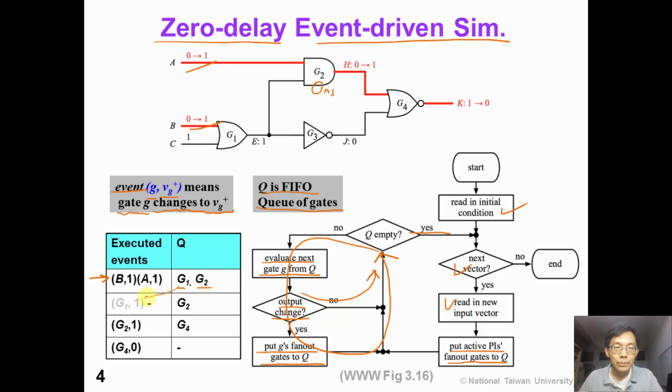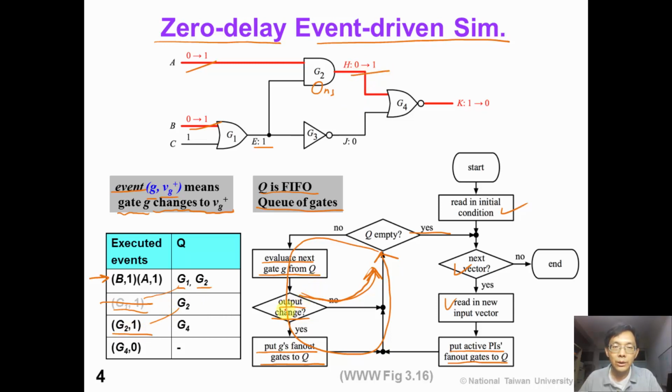First, we pop out the first event out of the queue, which is G1. Because G1's output does not change, we don't actually need to execute this event. Then we pop out the next gate out of the queue. G2 is now rising to 1.